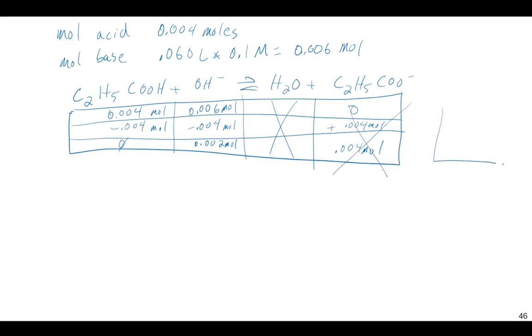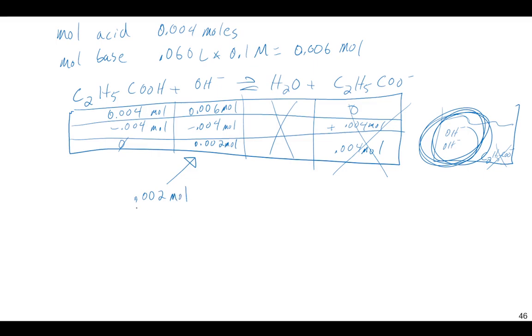And the reason is because if we have this solution now where there's strong base OH minus just floating around and weak base floating around, the pH is really only going to be dictated by the strong base. The weak base is going to affect the pH negligibly compared to all the strong base. So really, now all we have to worry about is the concentration of excess base here.